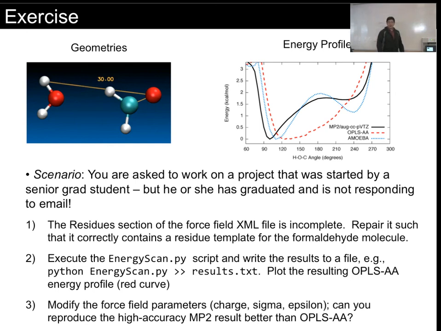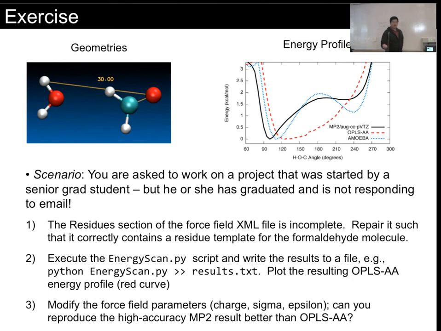Now the script that does the energy scan has a fair bit of Python scripting in it, so you can read it to learn a little bit about Python, but you're not actually required to know precisely what's going on in the script. Although it does demonstrate the flexibility that you can achieve with OpenMM, right? And then once you get the results, you can plot the resulting energy profile and see if you get something that looks like the literature.